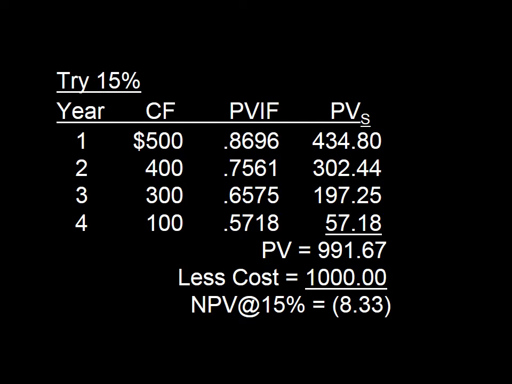That's the present value of the benefits, and minus my initial investment of $1,000 it gives me a net present value at 15% of negative $8.33. So I'm obviously much closer to 0, but didn't quite hit it. I overshot it just a little bit. So let's back it up and try 14% and see if that gets me to 0.